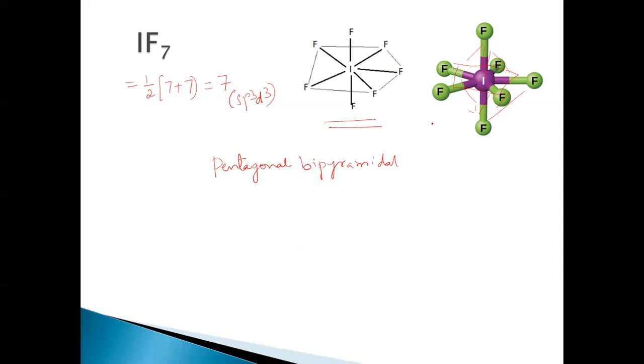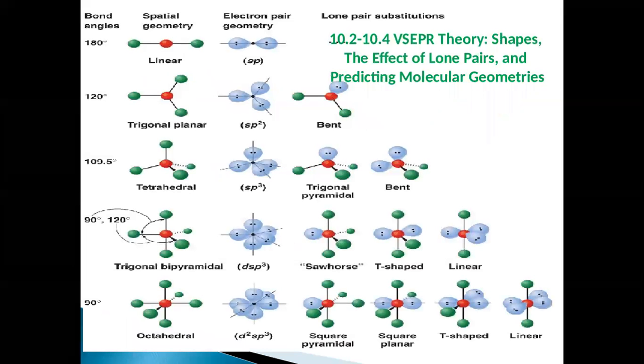So according to the VSEPR theory, when we look at this chart, we can simply summarize this. If the geometry is linear, the bond angle is 180, and it's sp hybridization. If it is 120, it is trigonal planar, and the hybridization is sp2, for example BF3, and if one lone pair is present, it is bent.